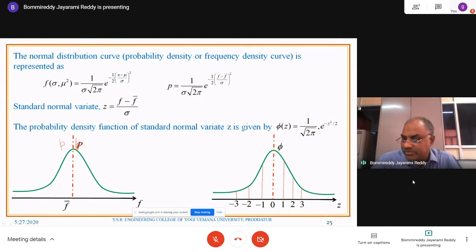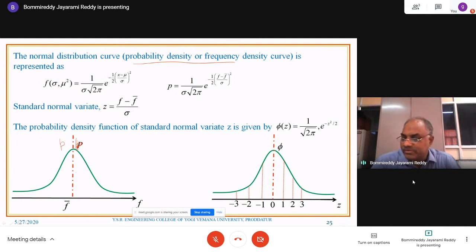So the average of the sample, F bar, is here, and deviation towards the right and deviation towards the left occurs in this particular diagram. And exactly at the center, you will get the average value of the samples. The normal distribution curve, or probability density function, or frequency density curve, is represented by sigma and mu square.